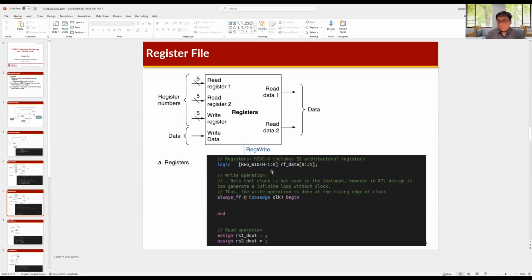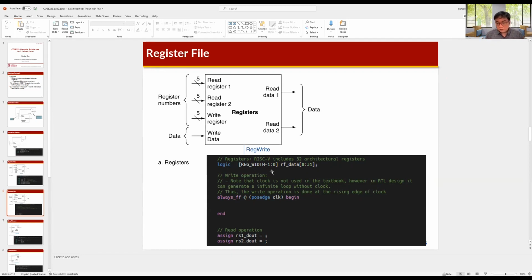But the problem is that in combinational logic, if feedback loops are generated, the updated values are infinitely updated again and again. So in combinational logic, we need to avoid this feedback loop.